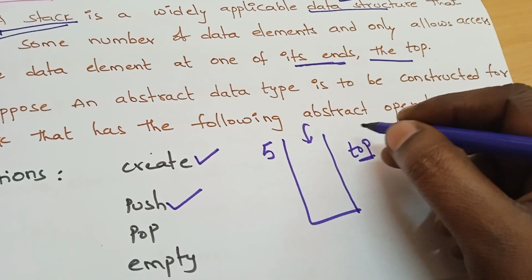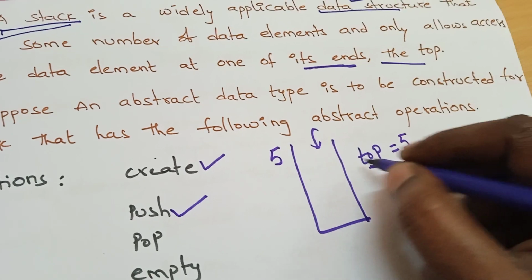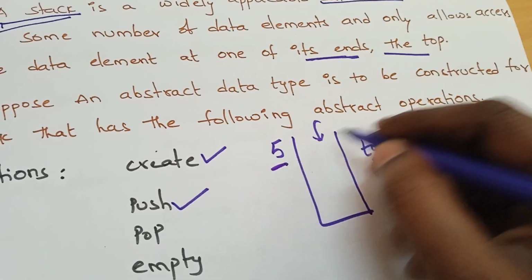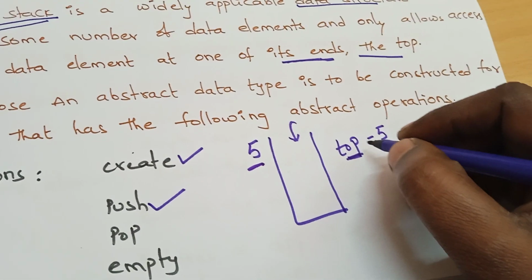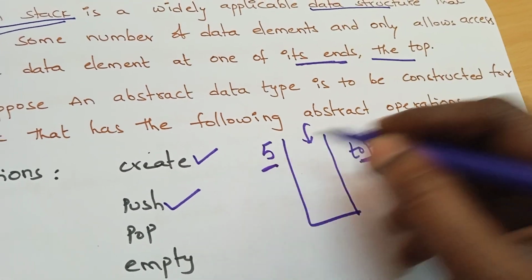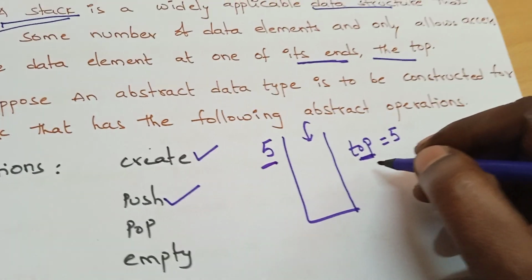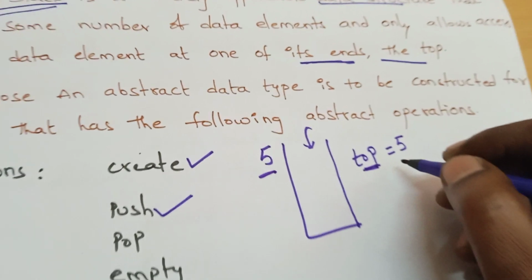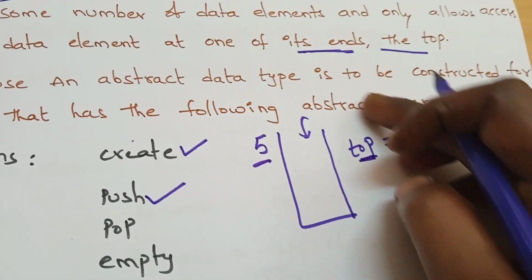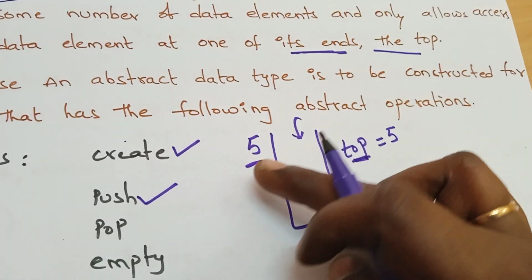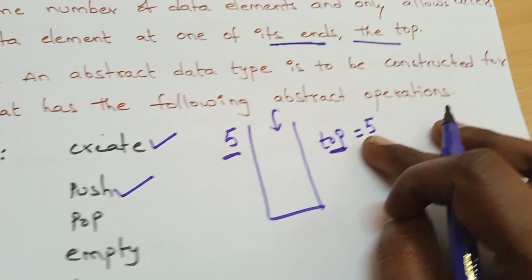Once top becomes 5, equal to the maximum size, we cannot insert the element. When both are equal, push cannot be done. What is push? Inserting the element. If I define the size as 5, I cannot push an element when top is equal to 5.